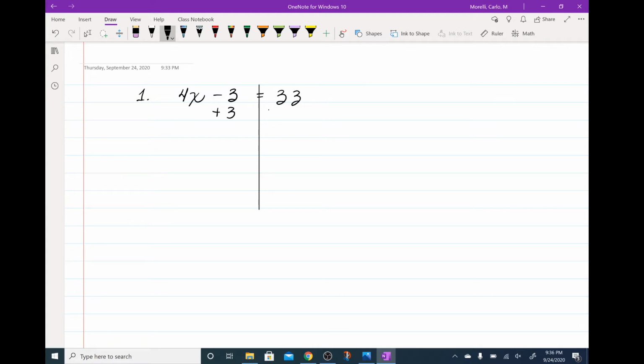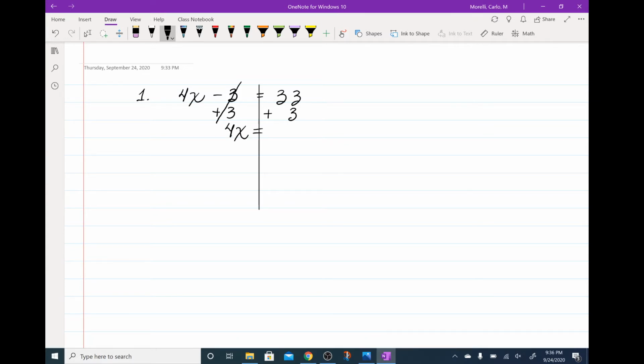So we do +3 on both sides. Now, additive inverse is like -3 and +3, sum to 0. So I can just cross them out, okay? And we bring down this 4x. So we're going to write 4x equals.